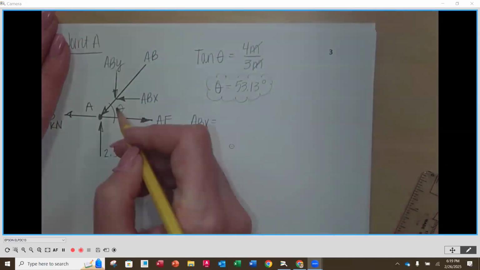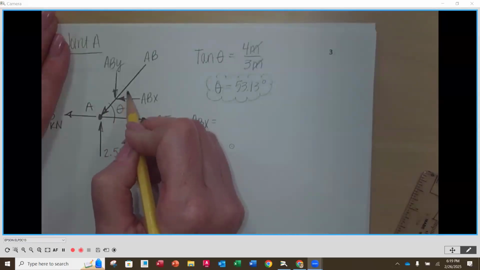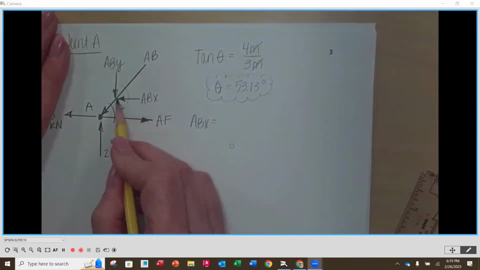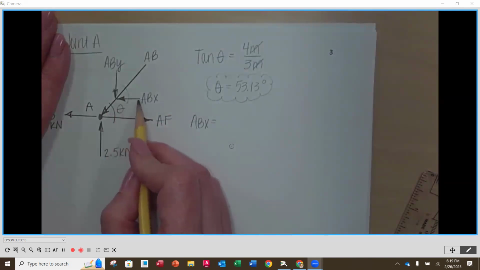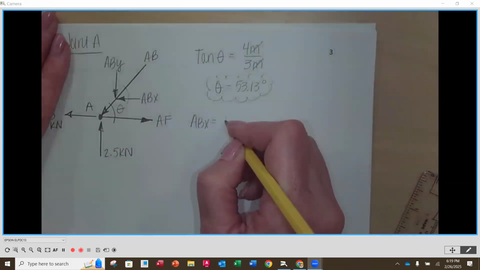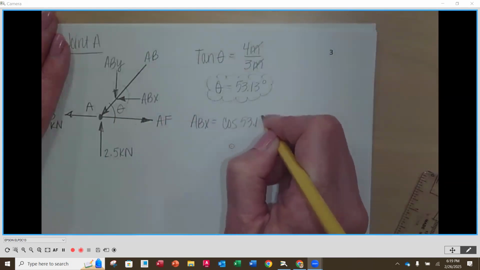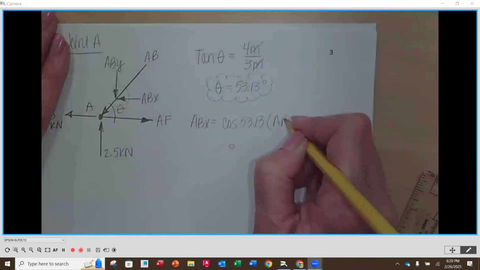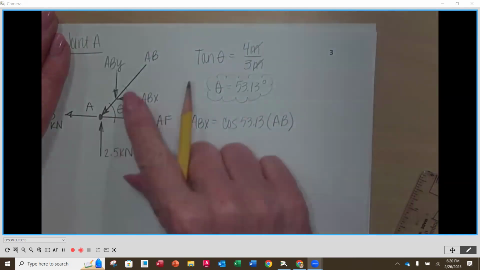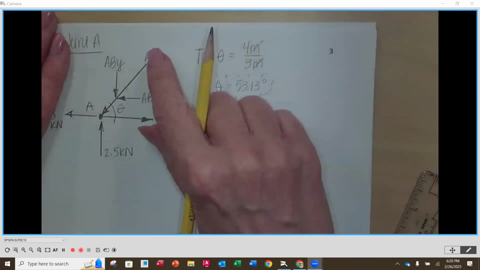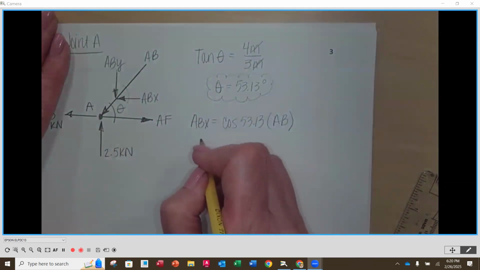It's going to be equal to, as we look at this angle, this is the same angle right here. This is the side adjacent, right? So we would use the cosine of 53.13 times AB, the hypotenuse, because we want to know what is the force in the member.